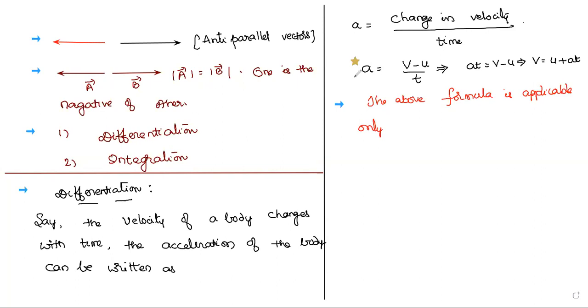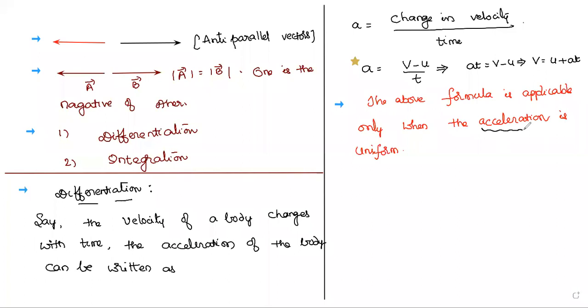Only when the acceleration is uniform. Now you decide whether your ma'am or sir taught this point or not. Okay, now this is the time that you have to decide.